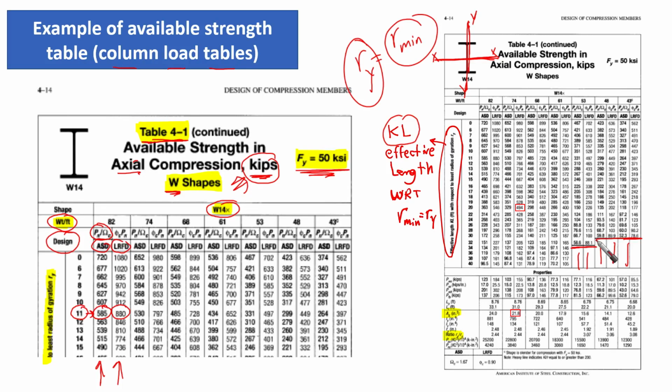This means that this shape stopped here because, as we said, we have a limit, which is KL over r should equal 200. So this is the correspondence of KL over r equal to 200. Even though here we are using KL, the table stops here.